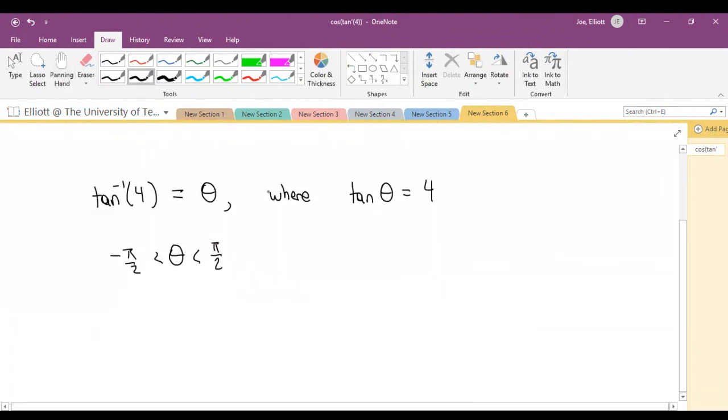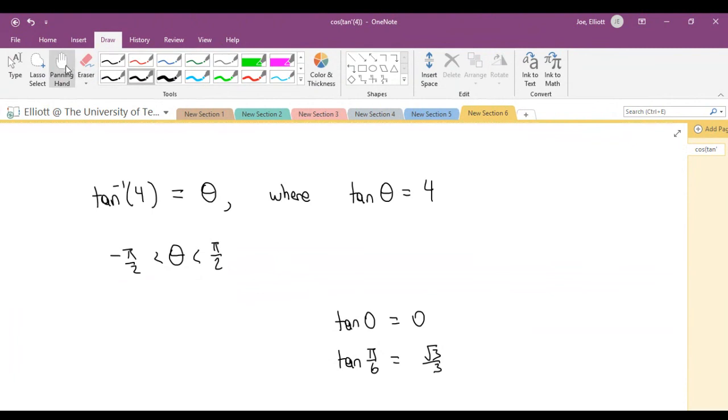So I guess maybe real quickly, the only nice values of tangent that we know are, just focusing on angles in the first quadrant: tangent of 0 is 0. Tangent of pi over 6 is root 3 over 3. Tangent of pi over 4 is 1.